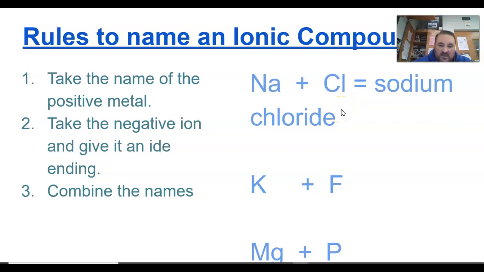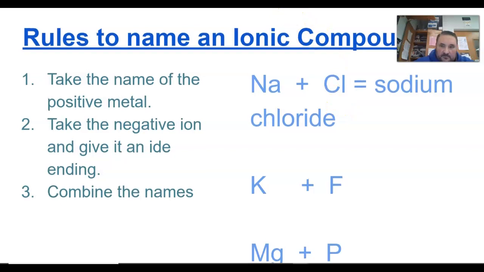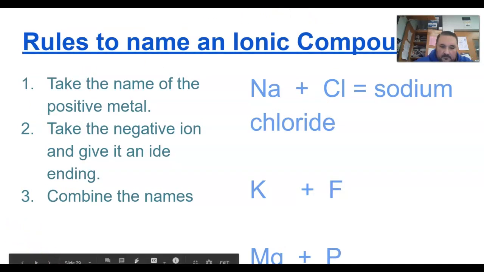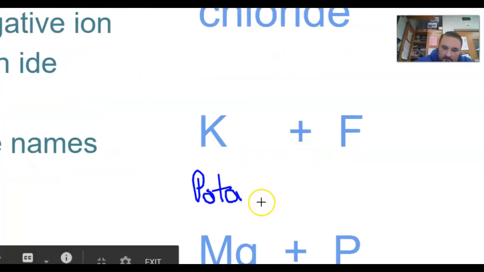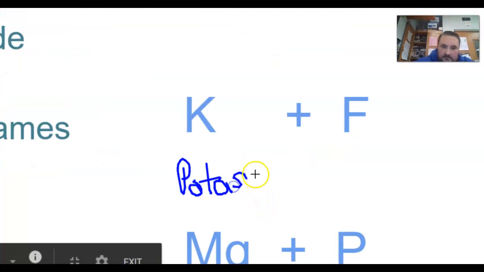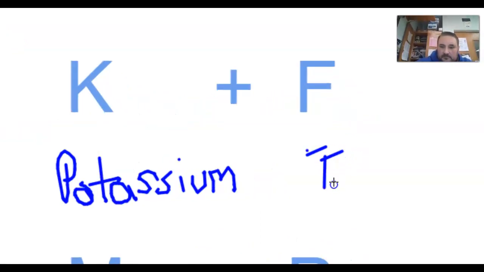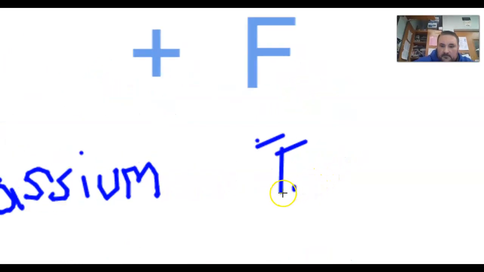So A is potassium and it's fluorine. So we drop the ending and potassium fluoride.